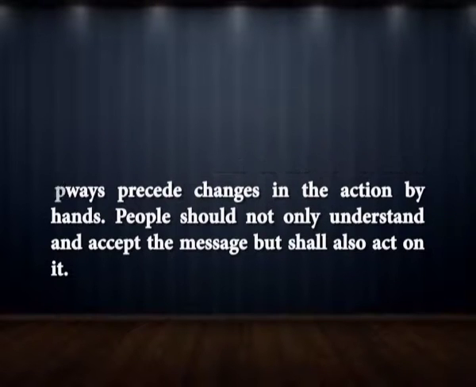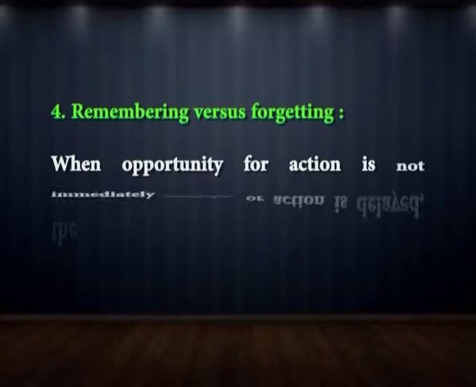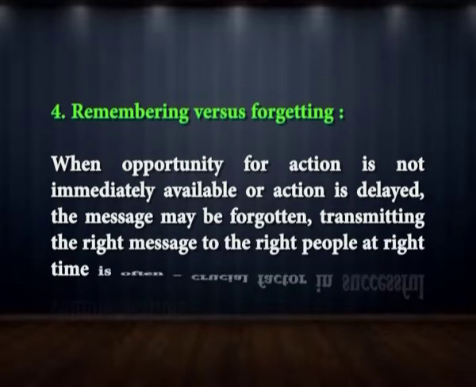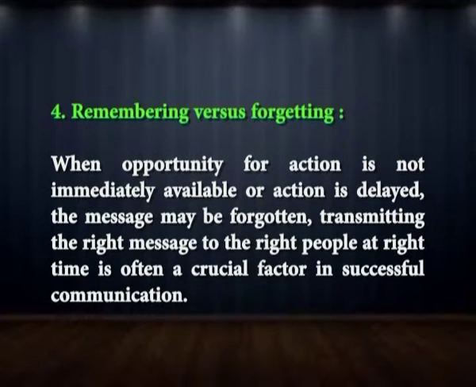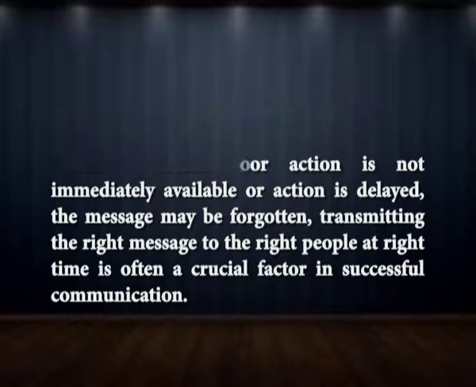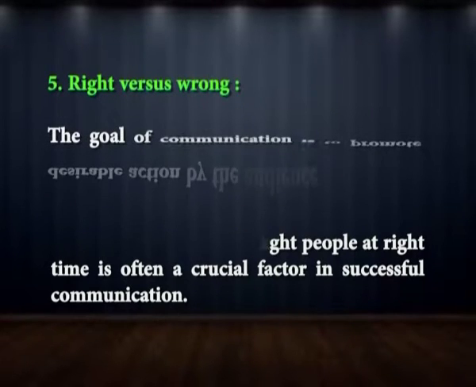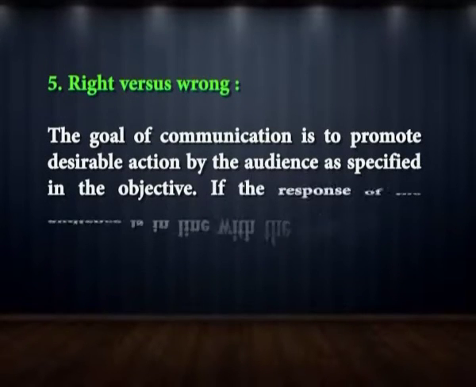Number 4, remembering versus forgetting. When opportunity for action is not immediately available or action is delayed, the message may be forgotten. Transmitting the right message to the right people at the right time is often a crucial factor in successful communication. And number 5, right versus wrong.